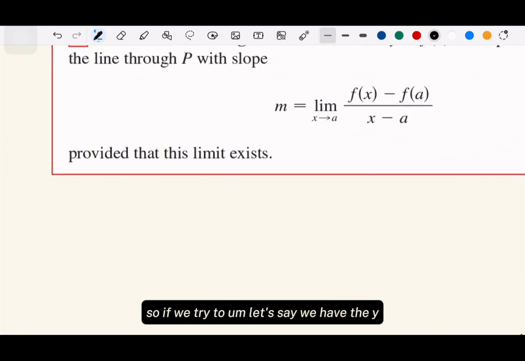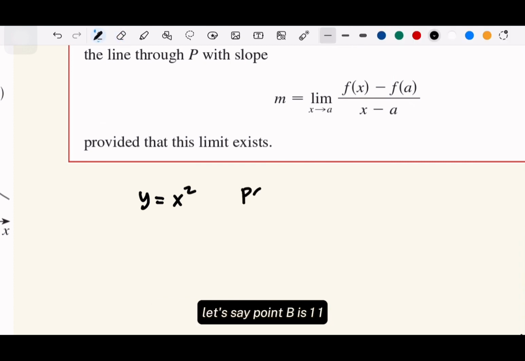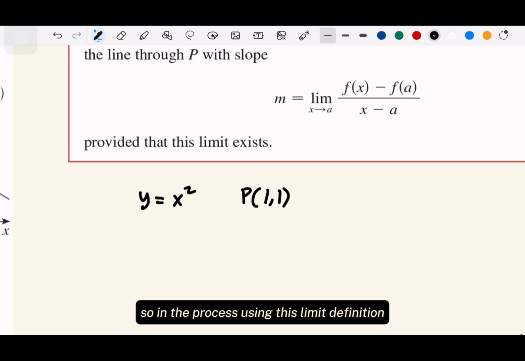So let's say we have y equals x squared, and we have point P, say point P is (1, 1). In the process, using this limit definition, the slope is the limit as x approaching 1.